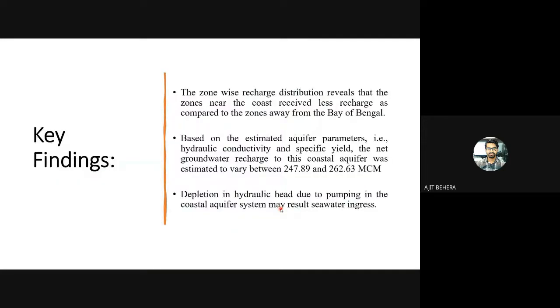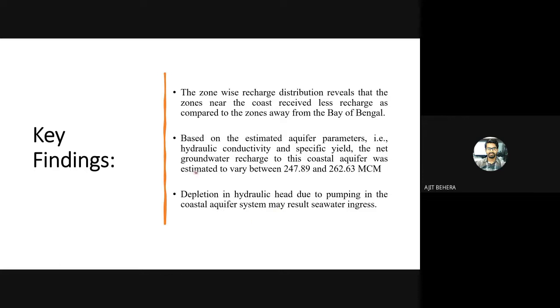So the key finding is that the zone-wise recharge distribution reveals that the zone near the coast received less recharge compared to the zones away from the Bay of Bengal. As I told you, zone 1 and zone 2, which are away from the coast, have a high recharge, and zone 10, which is very close to the sea, has low recharge.